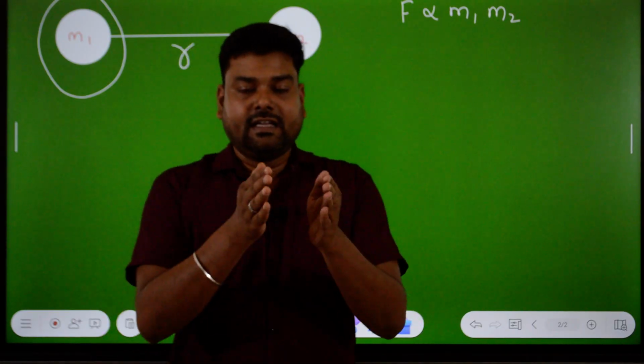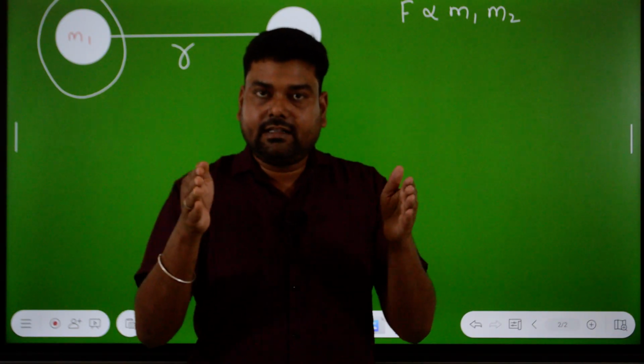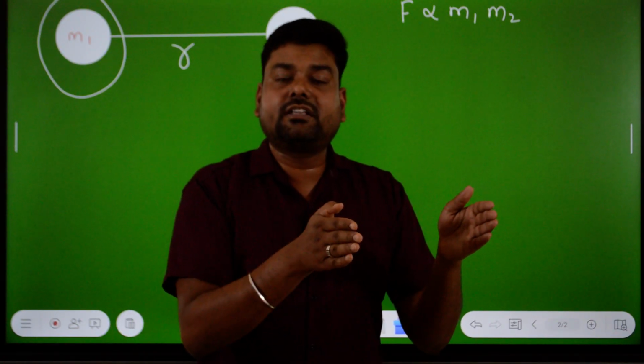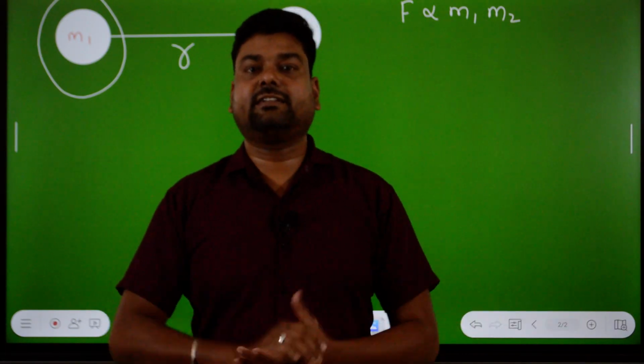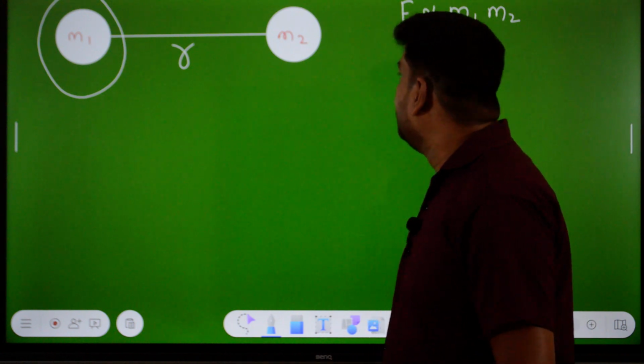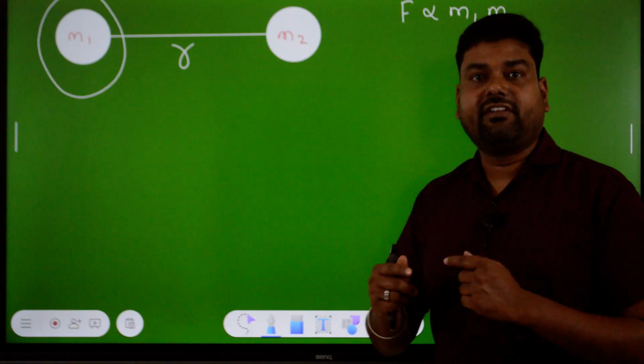The same thing, if we move them away, the force decreases so much that they will never come close to each other on their own because we have moved them to a very far distance. The same thing here: if the distance is increasing, the force is decreasing and vice versa.